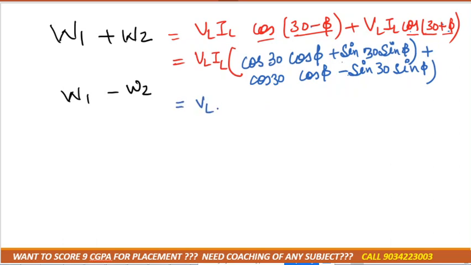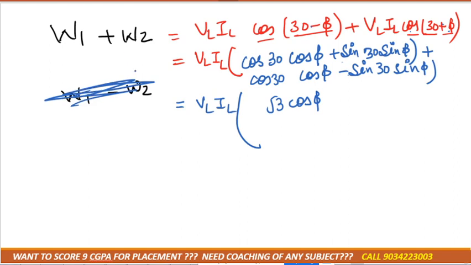So if we solve it further, it would be VL IL cos 30, and some of the terms would be cancelled out. After solving it, we get root 3 cos phi. So the final answer we got for W1 plus W2 is root 3 VL IL cos phi. Got it?